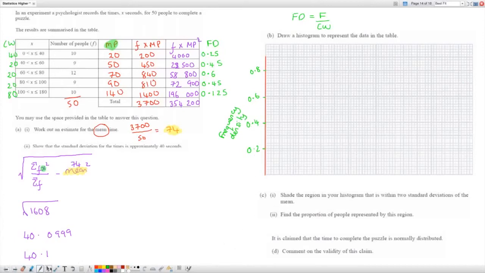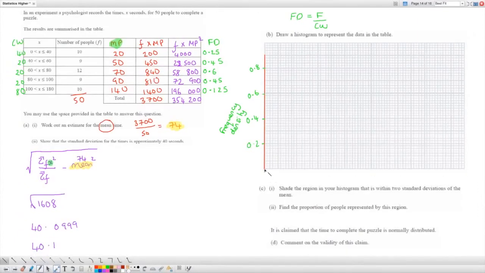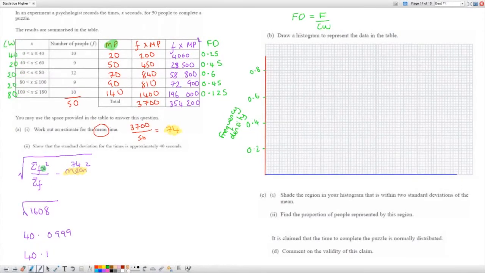Now moving along here to our x-axis. So taking your ruler again and drawing a line across. Now let's take a look at our values here. We need to go from 0 to 180.